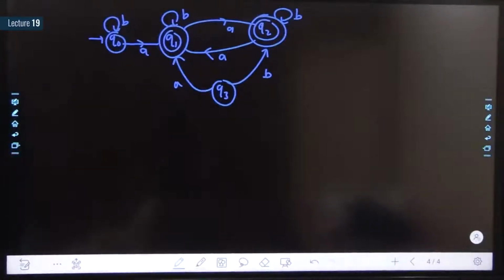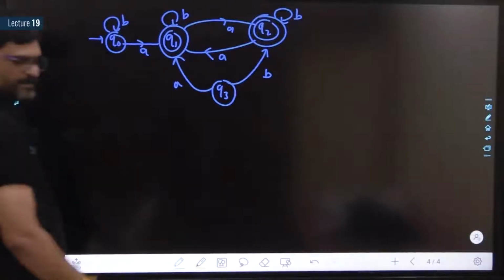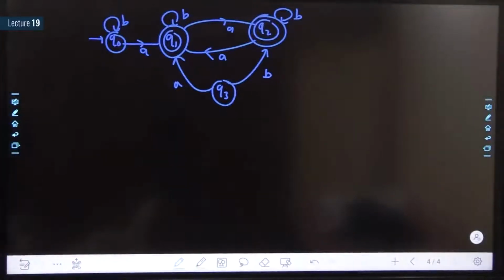Minimize this DFA. Take 2 or 3 minutes and minimize this DFA.